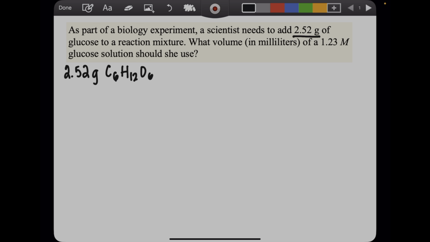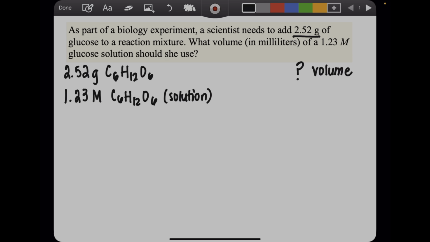And we also have the concentration of glucose solution she is using. So you write that as well. Now we need to find the volume.